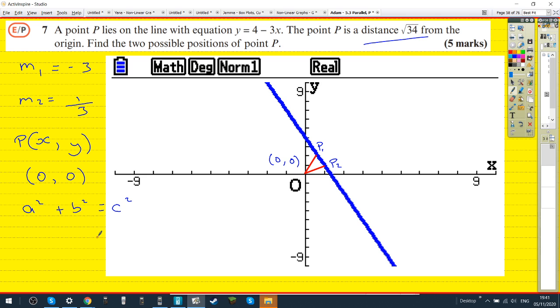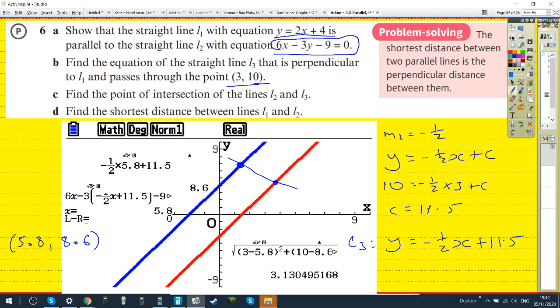It's the difference between the x's. For the previous one, we did 5.8 minus 3 and 8.6 minus 10.